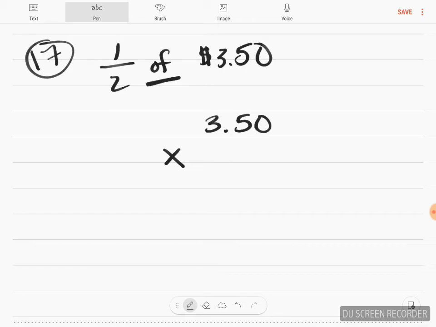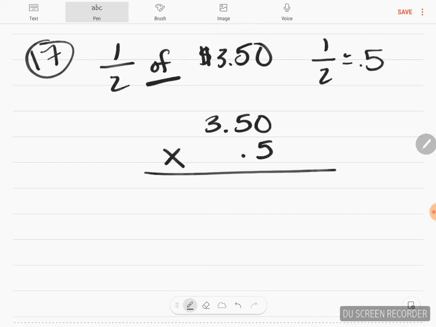All right, you guys. What is 1/2 in a decimal? 1/2 in a decimal is 0.5, correct? So I can say 0.5.